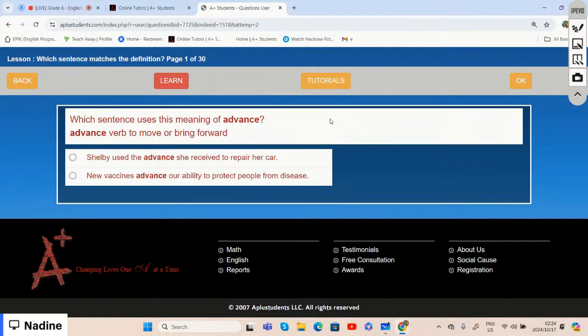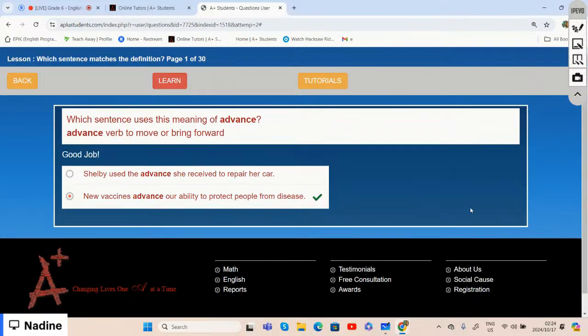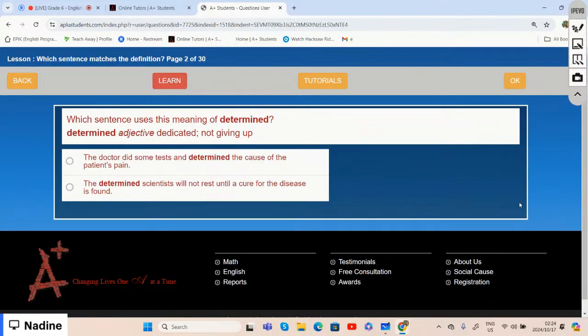Or option two, new vaccines advance our ability to protect people from disease. All right. So we say option two is correct. Well done.